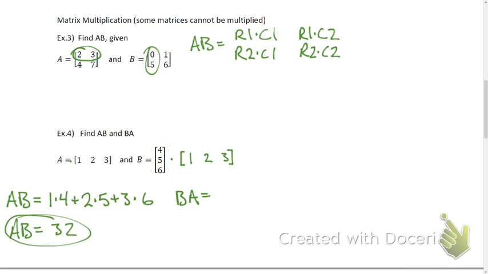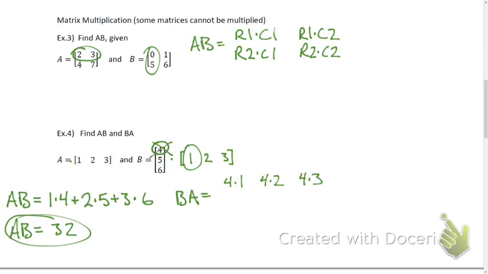So that means for the first position, I go row 1 times column 1. So we go 4 times 1. Row 1 times column 2, that's 4 times 2. Row 1 times column 3. Now we're done with the 4, we move on to the 5.